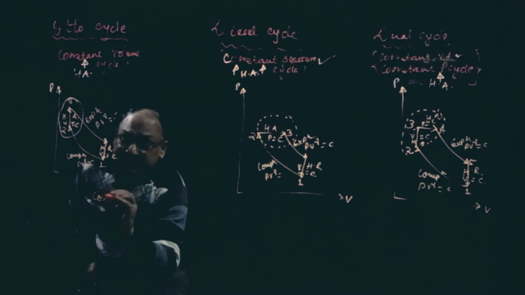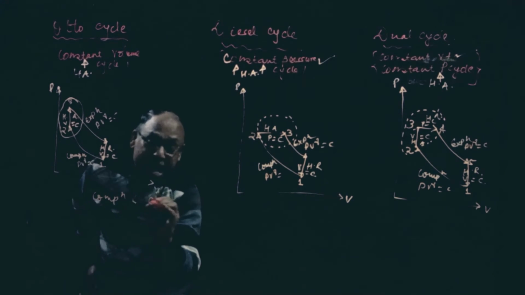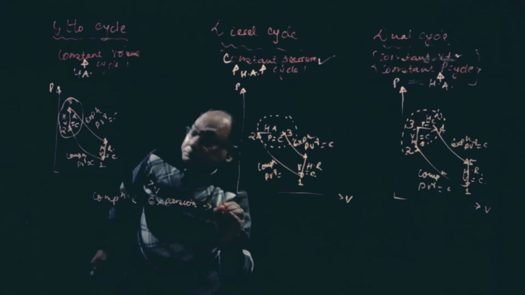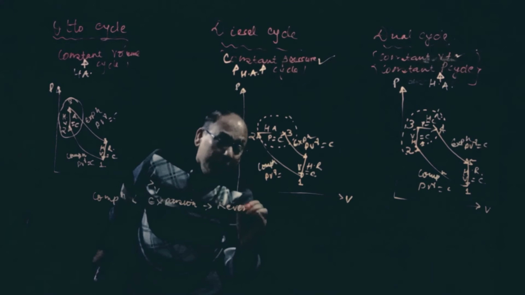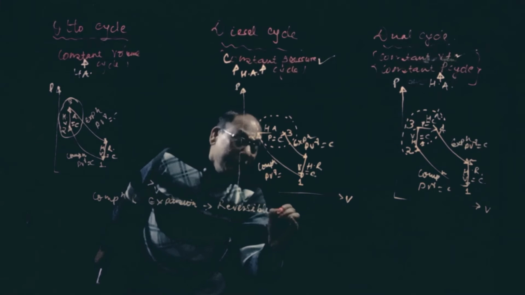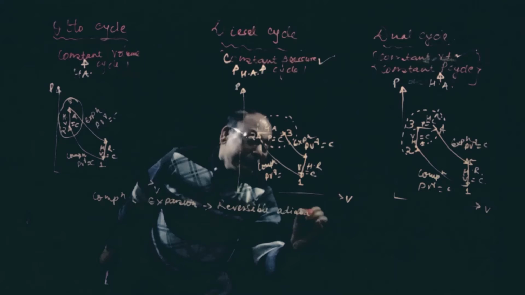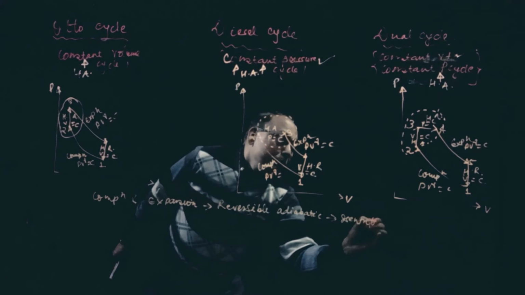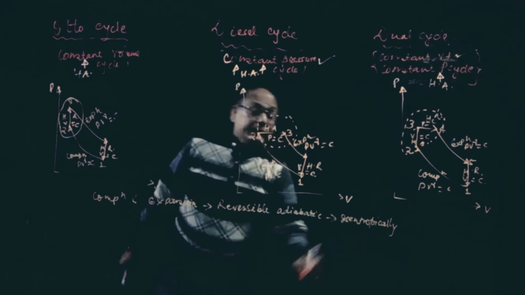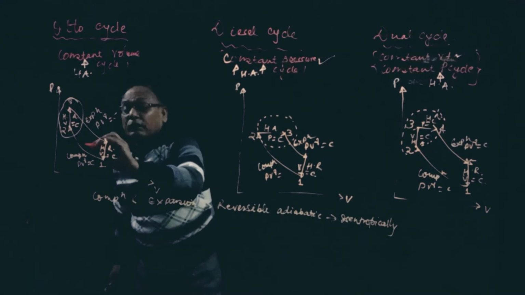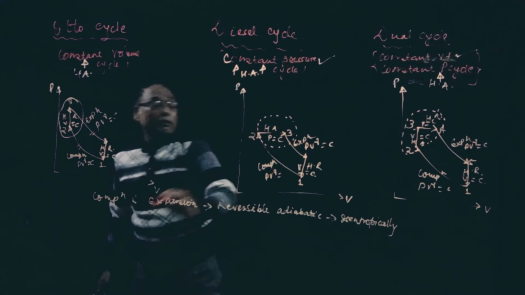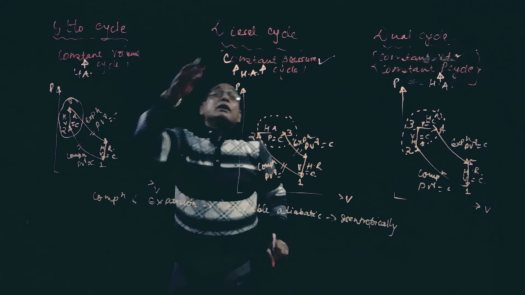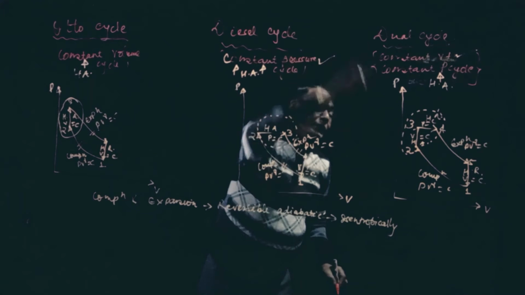So compression and expansions are always reversible adiabatic, that is also called isentropic. That is the common. Compression here also is the same, isentropic, whether in Otto cycle, diesel cycle or dual cycle.